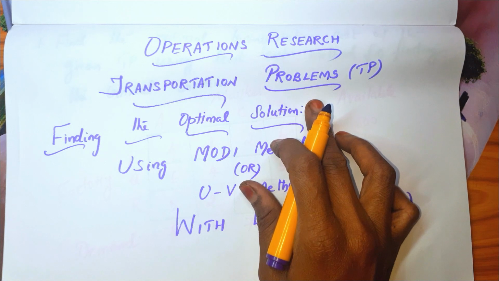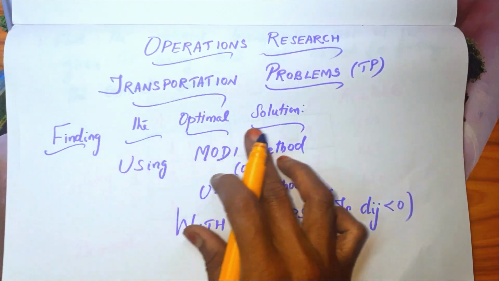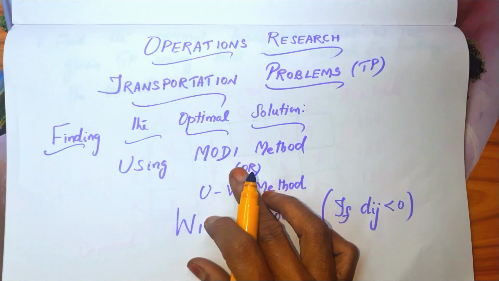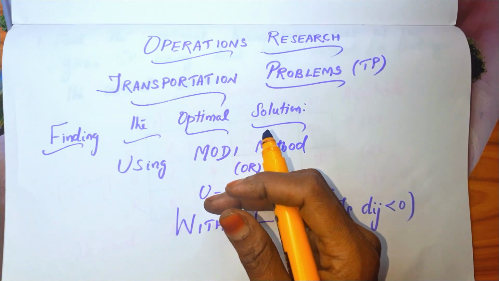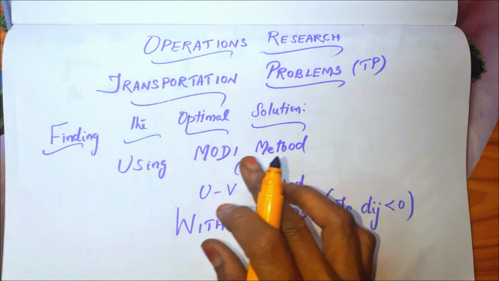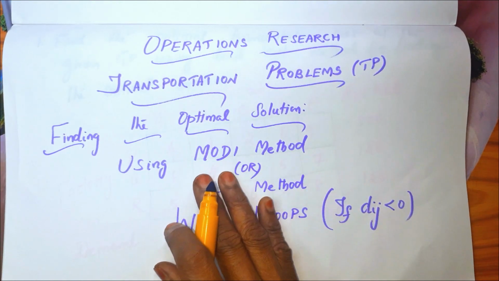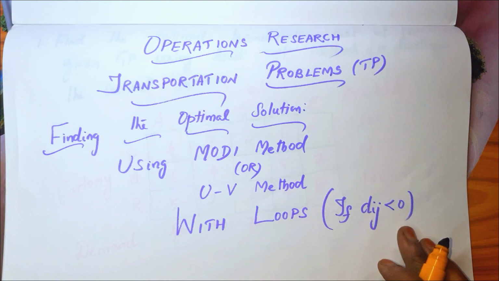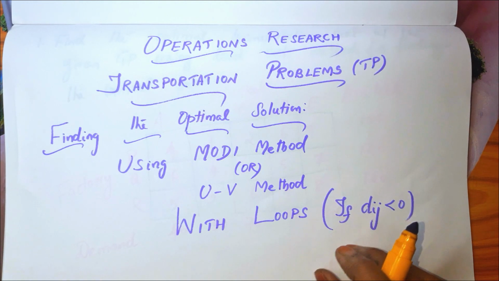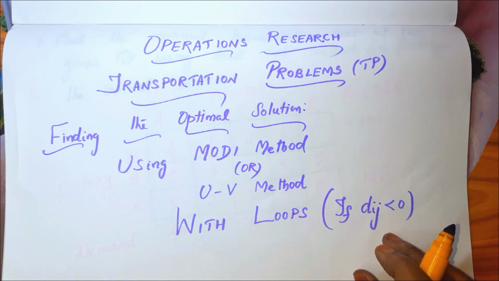Okay, come to today's video. We are going to see the optimal solution using the MODI method. In my previous video, I did a problem using the MODI method. This is the same method, but there we got the Dij value greater than 0. In this problem, we are going to get a Dij value less than 0.